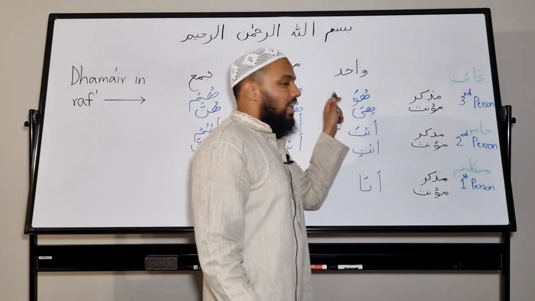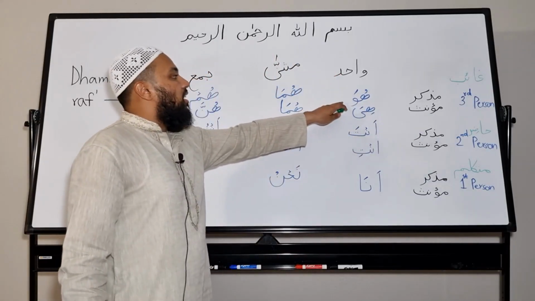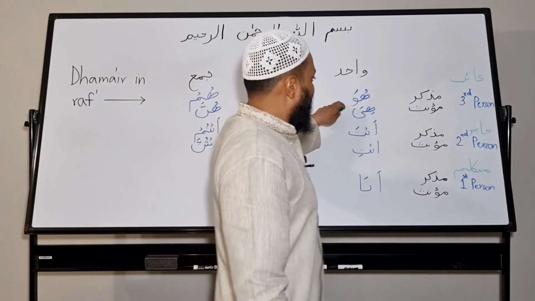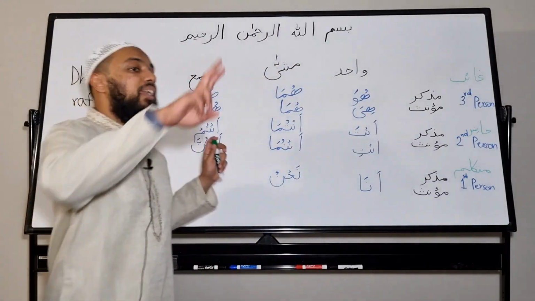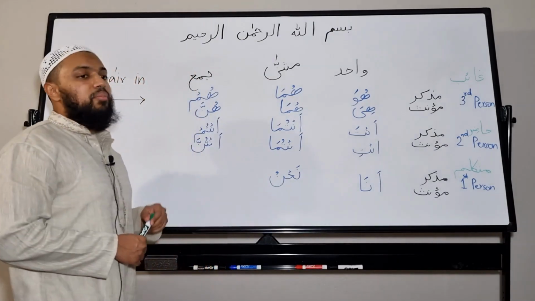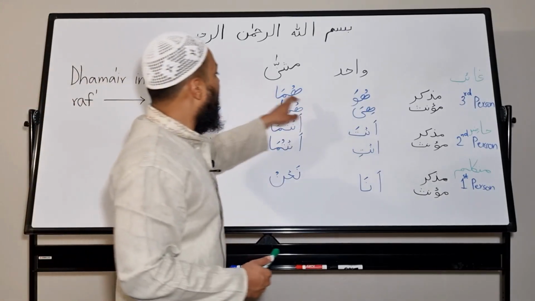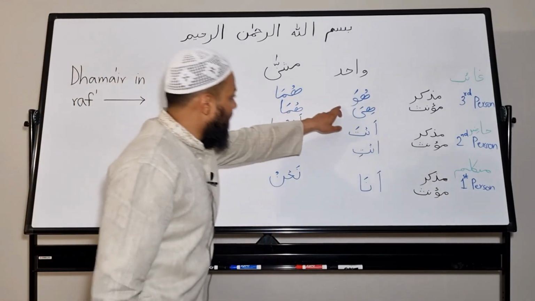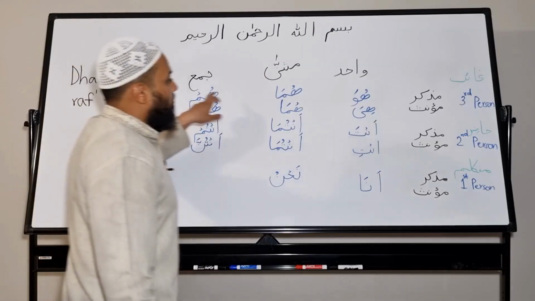Huwa, he. Huwa is third person, and muzakkar is huwa, right? Huma is third person and two people, huma. Hum is third person and three or more than three, jama, right? Huwa, huma, hum. He, those two, they, right?